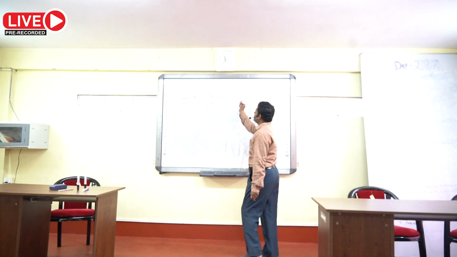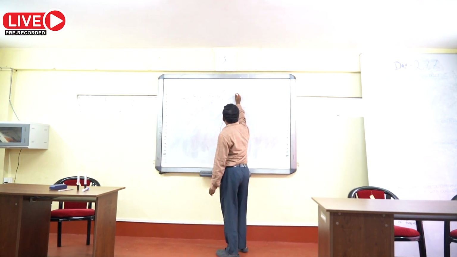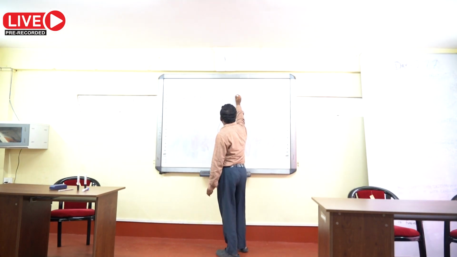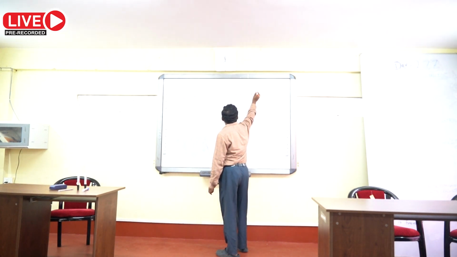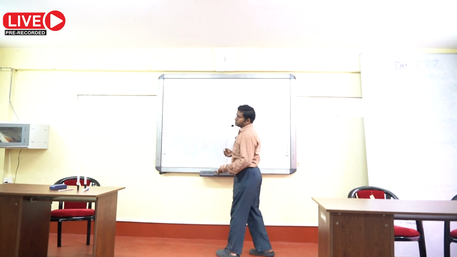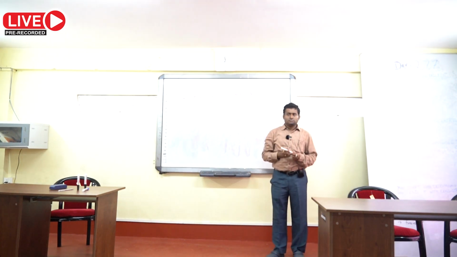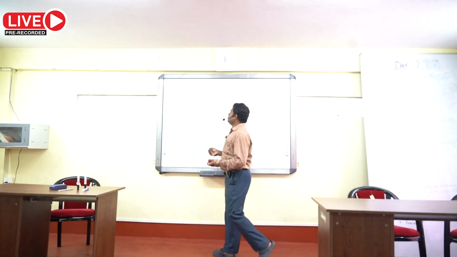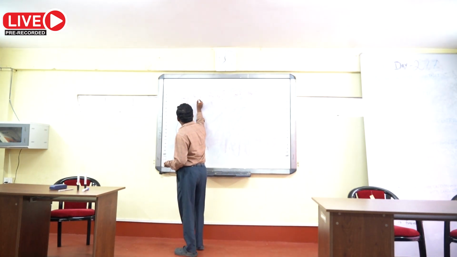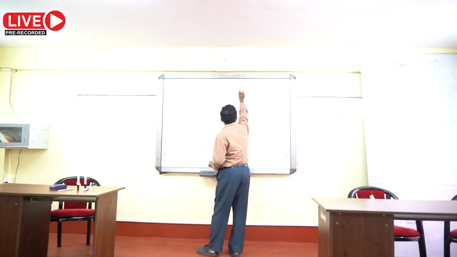So I consider after collision this mass m1 is moving in this direction with velocity v1 and this mass is moving in this direction with velocity v2. Clear? Okay, for the time being I put the arrowhead over these velocities.